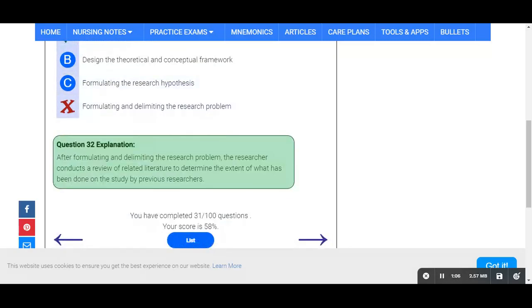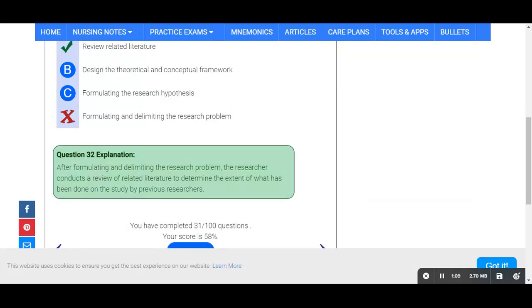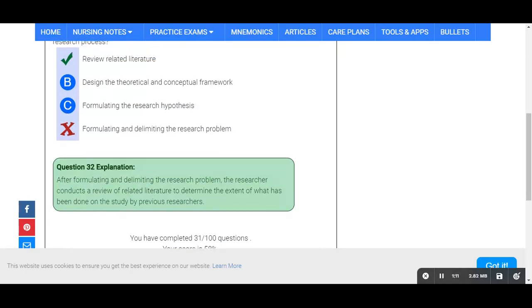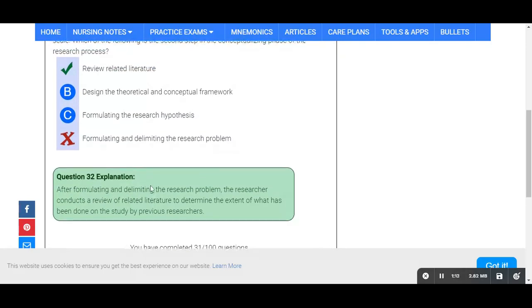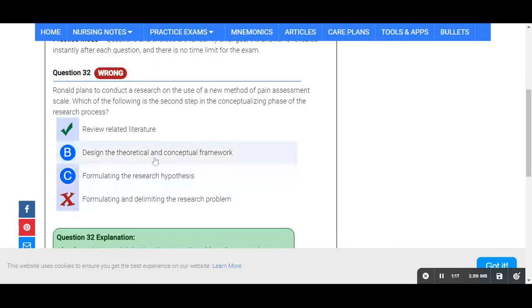After formulating and delimiting the research problem, the researcher conducts a review of related literature to determine the extent of what has been done on the study by the previous researcher. So this is already a research problem. When we conduct a research, the first thing to do is to formulate and delimit the research problem. So this is what I answered, but anyways, it is wrong.